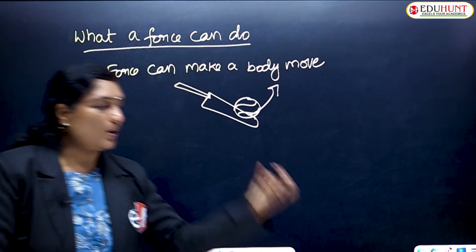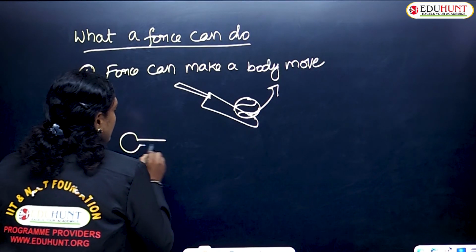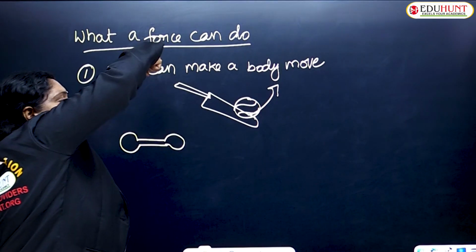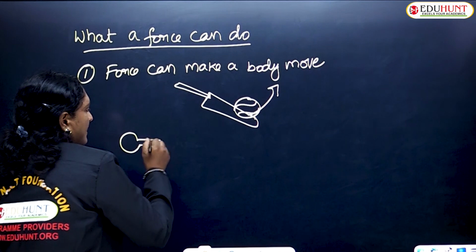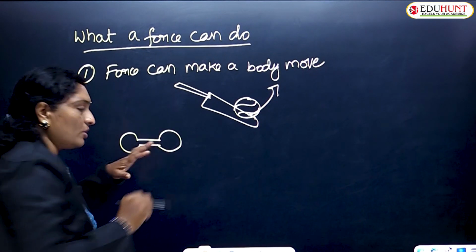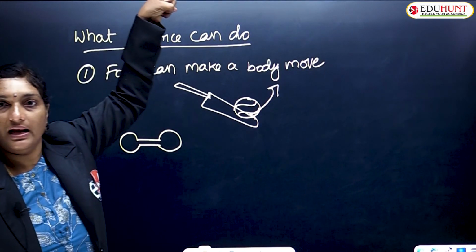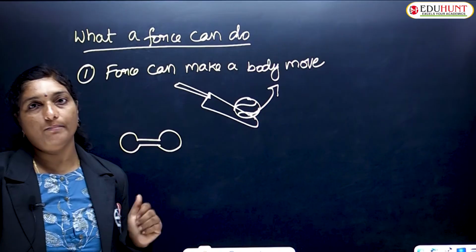Similarly, while you are holding dumbbells, children, while doing exercises and all, it will be in this case. Initially the dumbbell was lying at rest on the floor, and when it was picked up, the dumbbell changes its position. So that means we can make the dumbbell move.